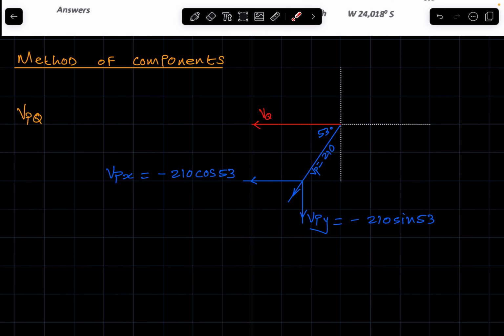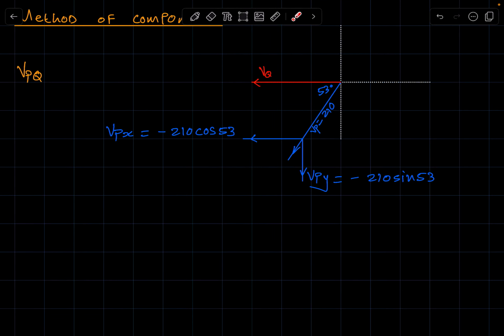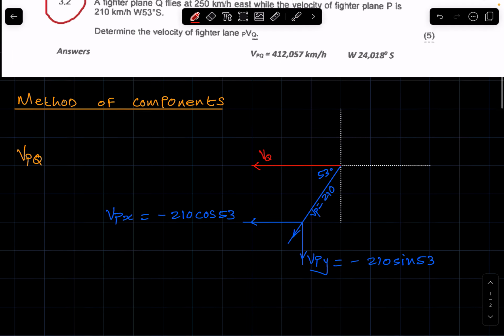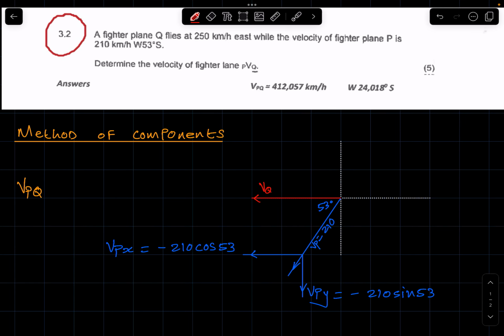Now we'll be able to use the components of VP. This component is parallel to the x-axis, this component is parallel to the y-axis, hence we'll be able to use these components in applying conditions of equilibrium. Now when looking at VQ, VQ is already parallel to the x-axis. So because we're using the method of components, we are going to take this vector of Q as its component.